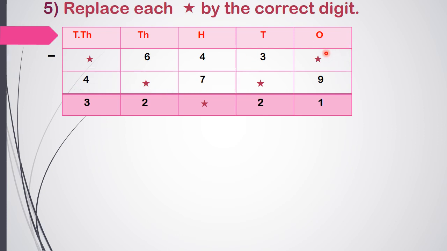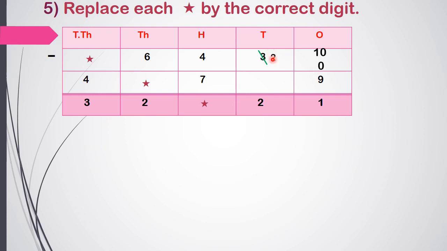So now we are going to do the sum. Here star minus 9, and we got 1. When we add these two numbers, we get the larger number, isn't it? So 9 plus 1, what is 9 plus 1? 10. But we can write only one digit in the ones place, so 0. We get 10 here when we borrow from the previous number.